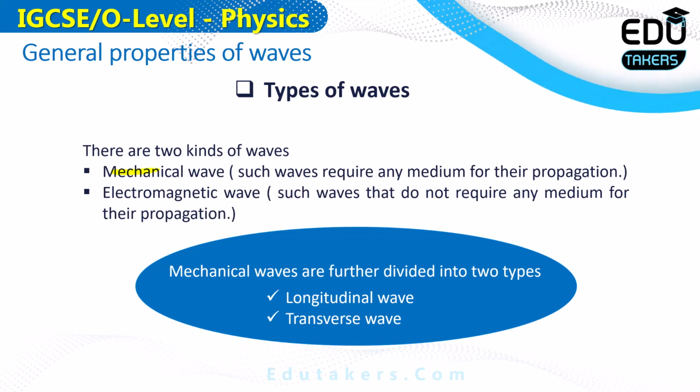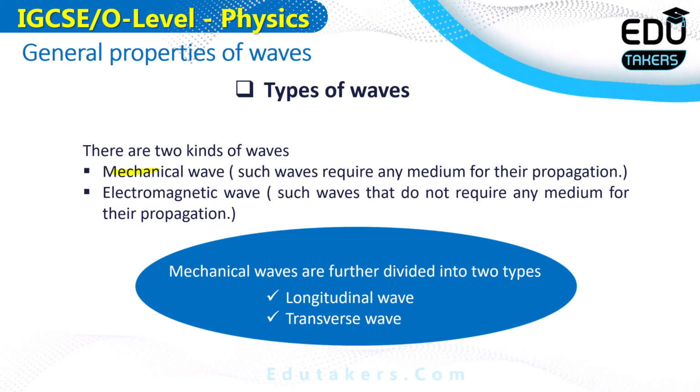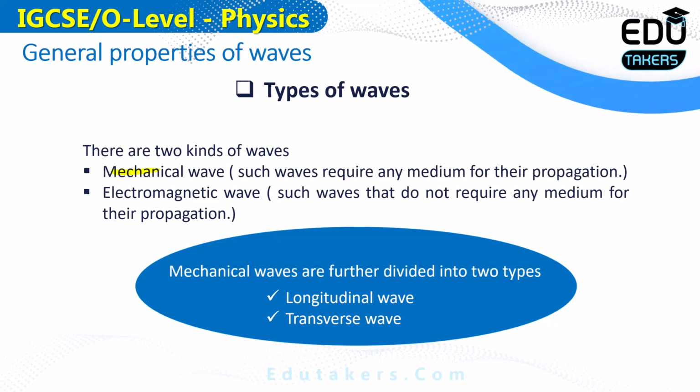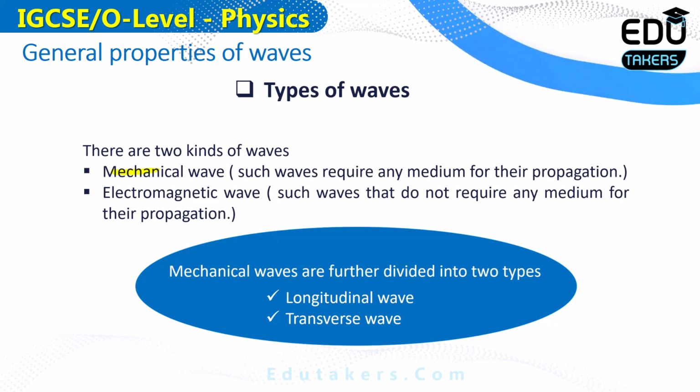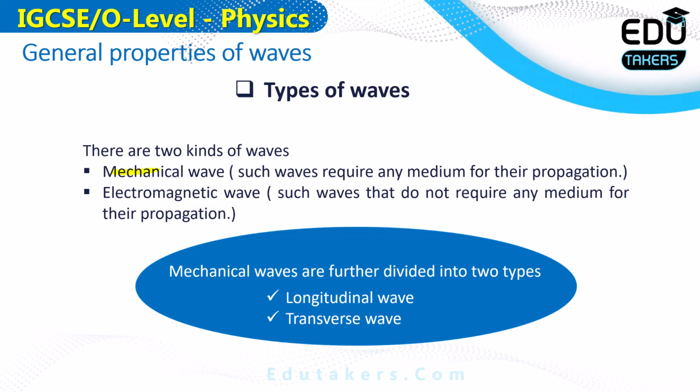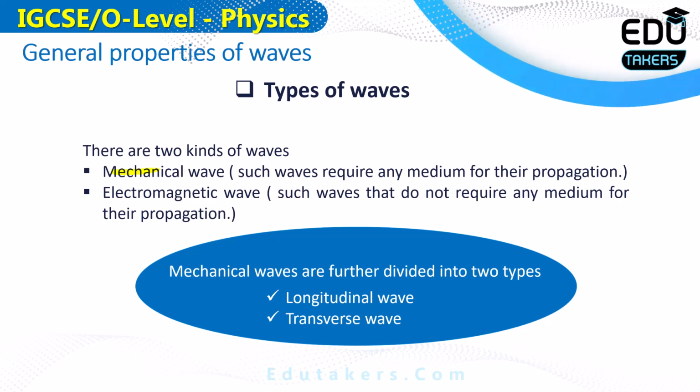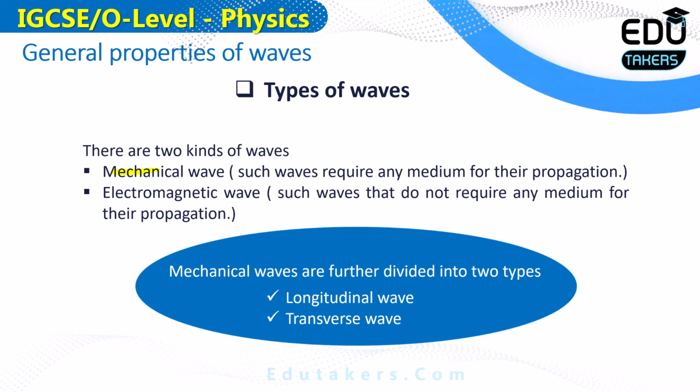But electromagnetic waves do not require any medium for their propagation. Electromagnetic waves include X-rays and microwaves. X-rays are used for different purposes, but they do not require any medium. They can even travel in a vacuum.